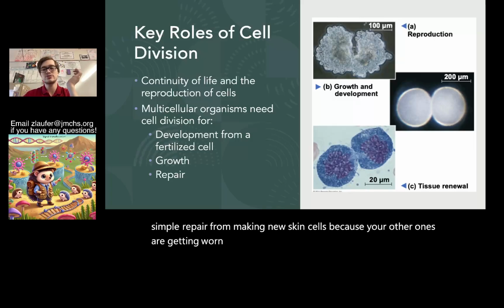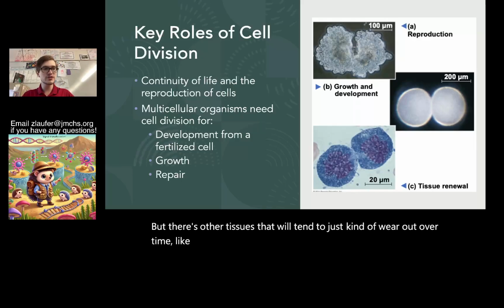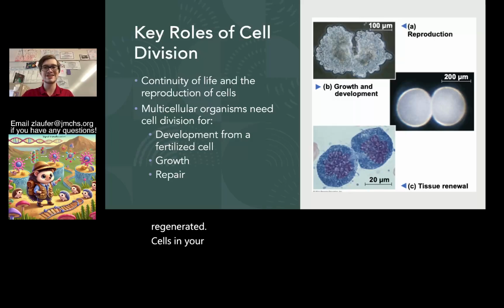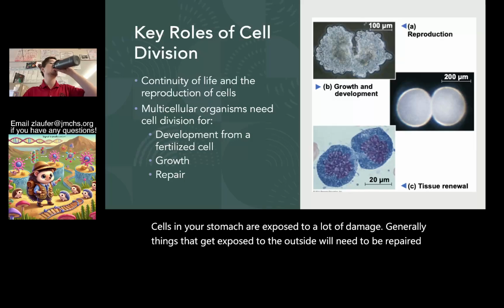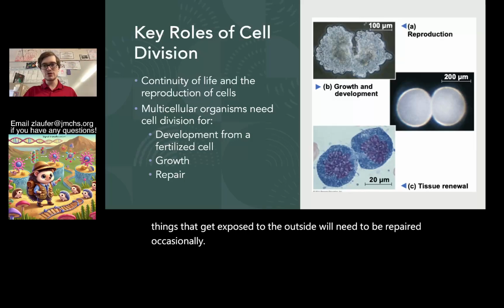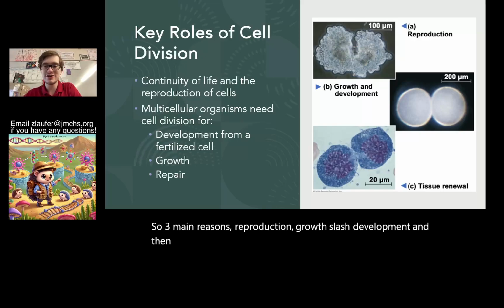But there are other tissues that will tend to just wear out over time. Like there are portions of your liver that need to be regenerated. Cells in your stomach are exposed to a lot of damage. Generally, things that get exposed to the outside will need to be repaired occasionally. So, three main reasons: reproduction, growth and development, and then actual repair of a tissue.